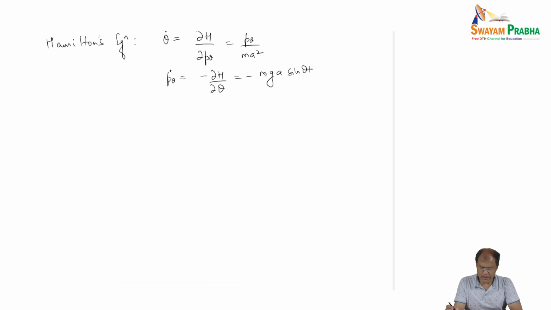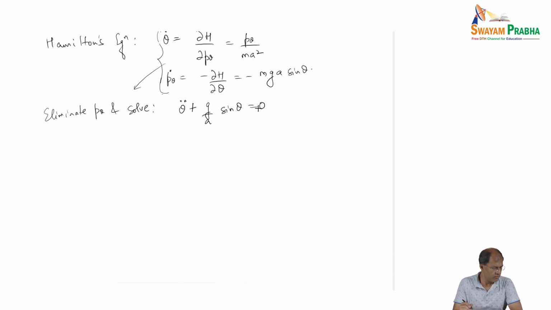Okay, so these are my two first order ODEs as far as the system is concerned. We can again use our regular method by eliminating one of the variables and come back to another ODE. So if we eliminate p theta and solve, we see that our system is theta double dot plus g by a times sine theta equals 0.